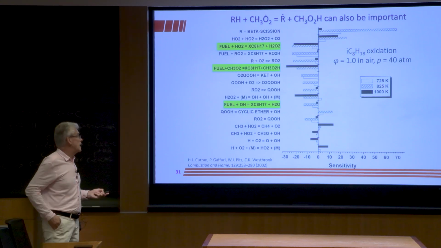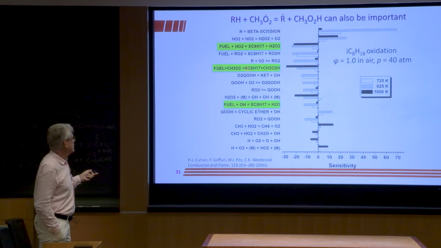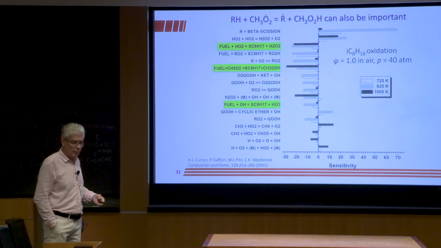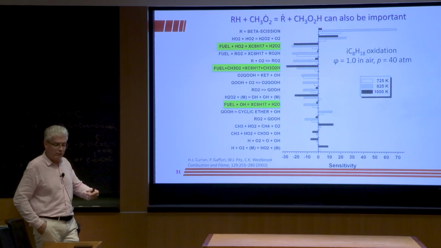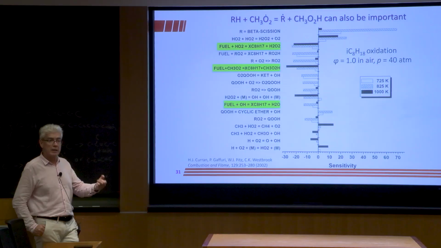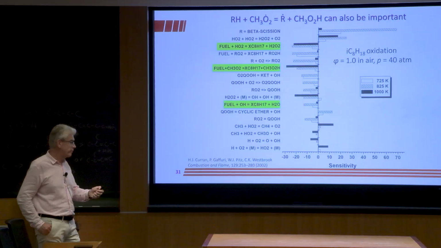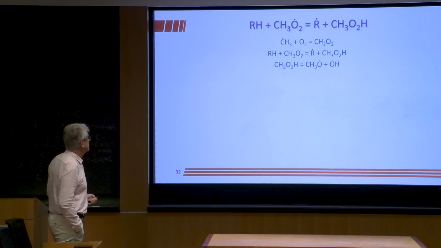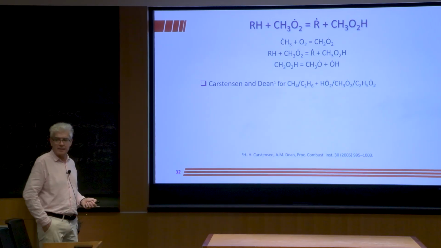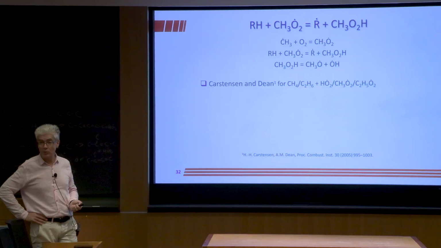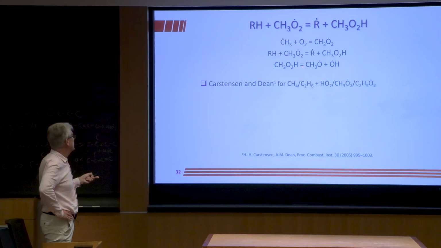So this reaction class shows up as important for isooctane. But what I want to hammer home is that any fuel that can produce methyl radicals will equally be sensitive to fuel plus CH3O2 reactions. And actually they're studied even less than fuel plus HO2 by the community.